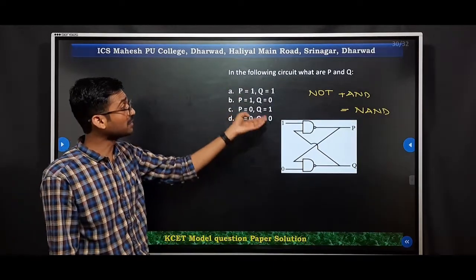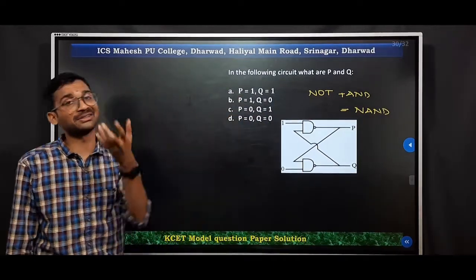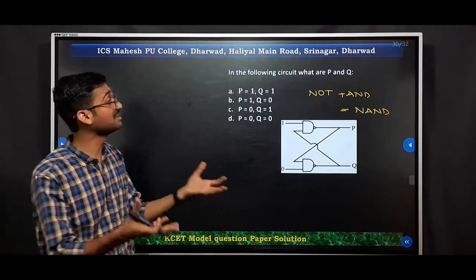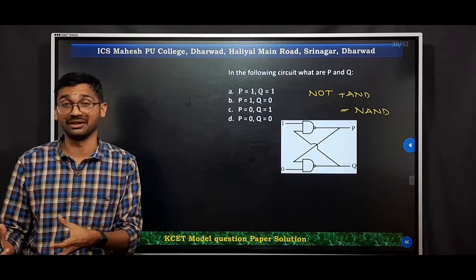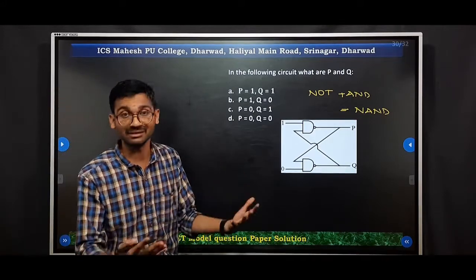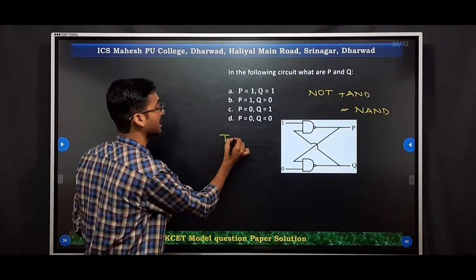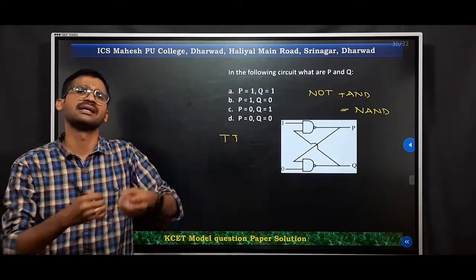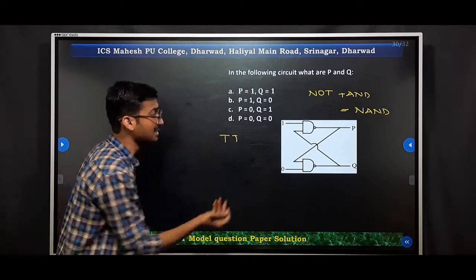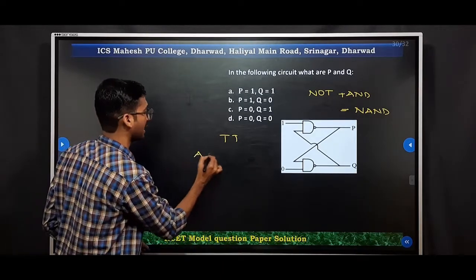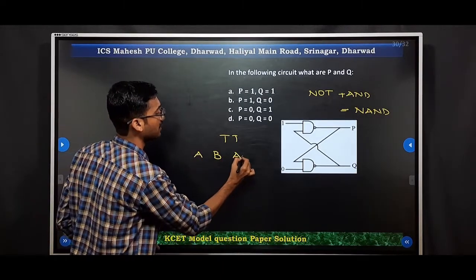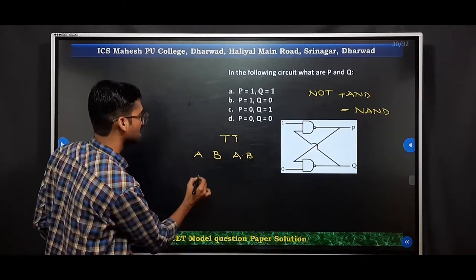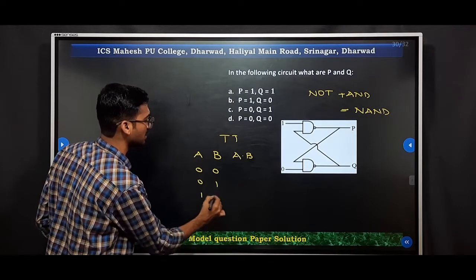Now, to simplify this, we have to draw the truth table first. That will be very simple, where I can have a 0 and where I can have a 1. Let us write down the truth table for the given NAND gate, because the only gates available to us here are NAND gates. As we have two inputs, A and B, and corresponding to that we make the NAND output: 0 0, 0 1, 1 0, 1 1.